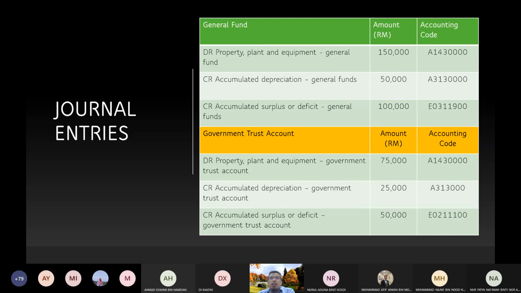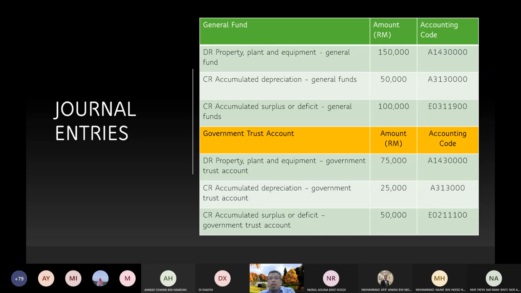Okay, so you can see that clearly the transactions or the item for each fund will be recorded in the separate book. Asset that is being assigned to general fund will be accounted under the accounting book of general fund. And asset B, isn't it, assigned to government trust account will be accounted under government trust account book.